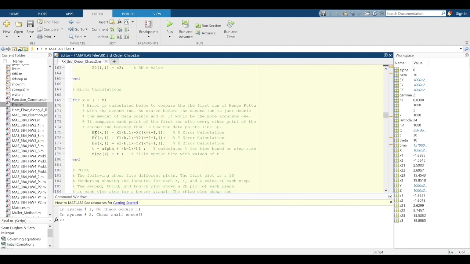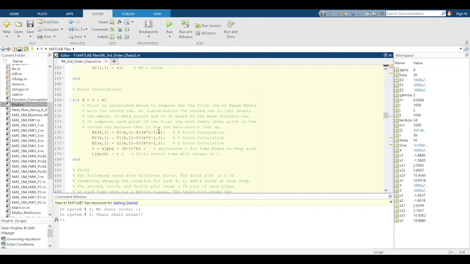The way that we're determining the errors is we're taking the x1 values and subtracting the x2 values. We can't just compare one by one, because there are double the amount of steps or data points. We can't compare the first one of x1 to the first one of x2, second one of x1 to the second one of x2, third one of x1 to the third one of x2, and so on and so forth.